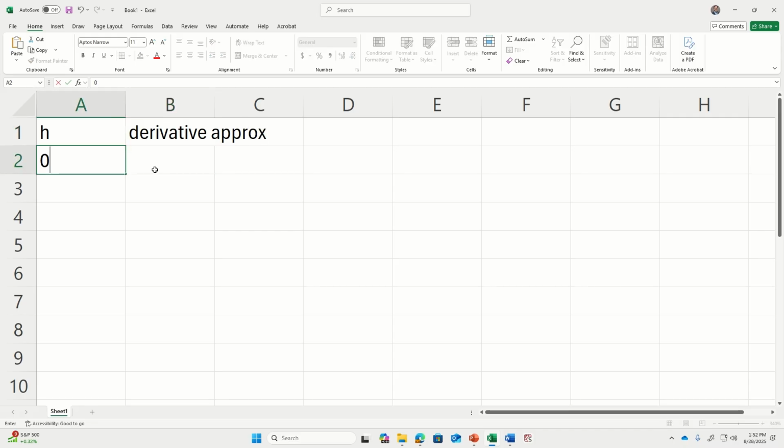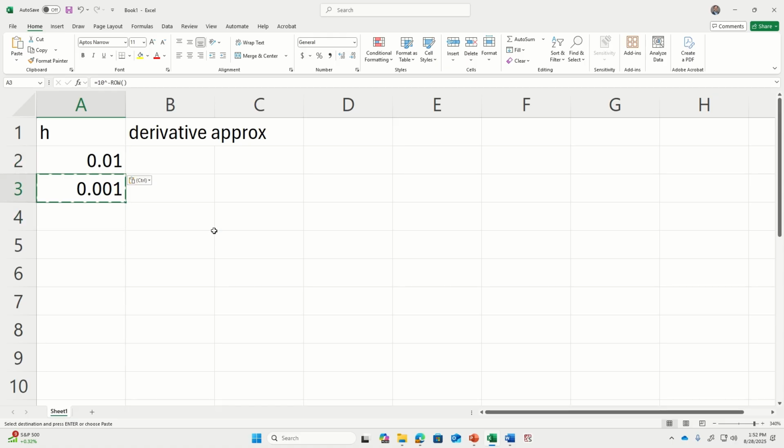We'll start off with 0.1, and then we'll do 10 raised to the power negative ROW. What that does in Excel is give me the row number, so 3 is the row number there, and so it's 10 raised to the power negative 3.